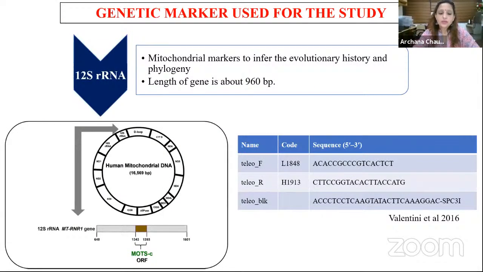Now coming to our study. In our project, we wanted to use the eDNA based metabarcoding approach to study the fish diversity in both the Pong reservoir as well as the Gobind Sagar reservoir.